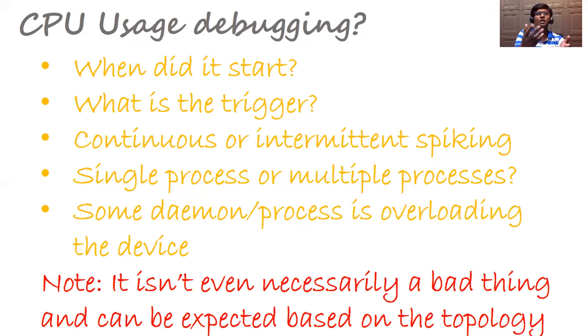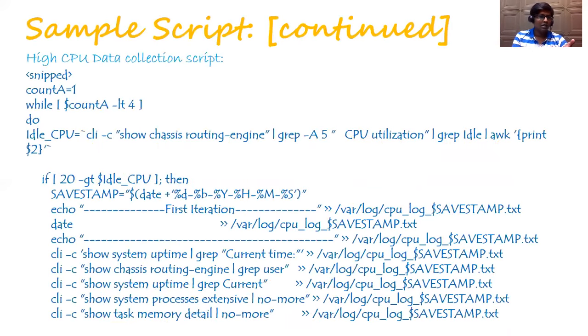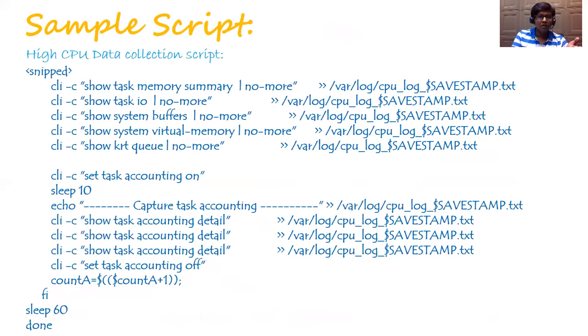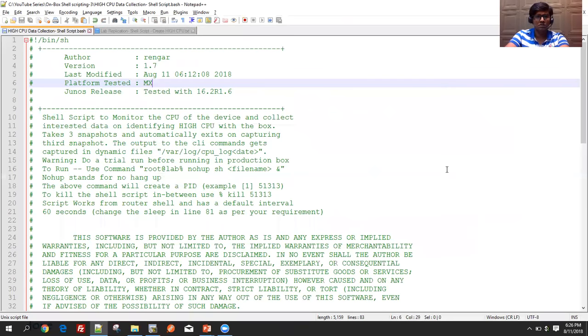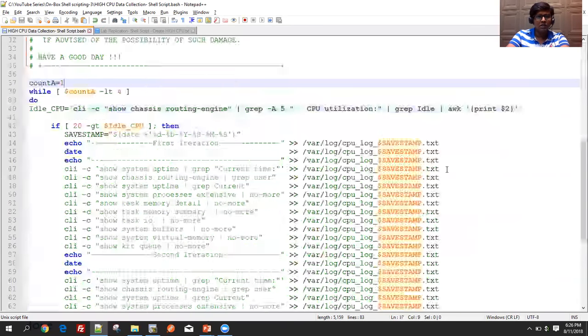Let me show you a quick demo on this. This is a script which is being used to capture the CPU resources of the box. It's a shell script, and here we are monitoring the idle process, the amount of CPU which can be utilized by other new processes in the box.